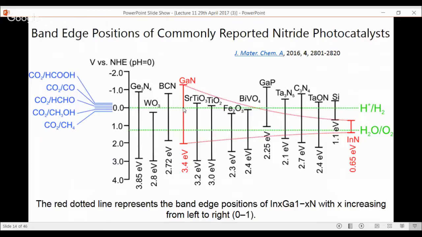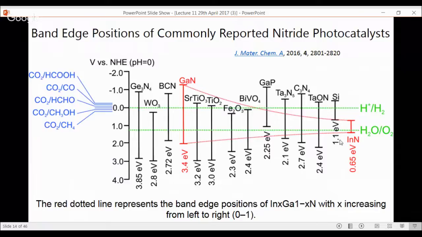So therefore, what it means is, the band gap of gallium nitride is 3.4. If I want a band gap of somewhere here, I can make a solid solution of indium nitride and gallium nitride. That is indium X, gallium 1 minus X, with increasing X from left to right.